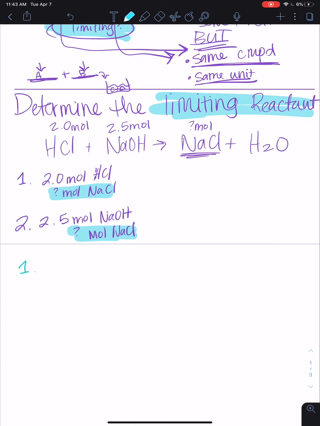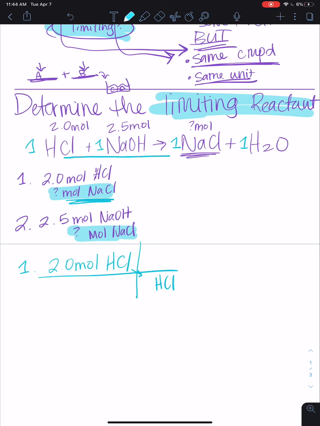So let's do the first step. Number 1, 2.0 moles of HCl. We're in a good spot because this reaction is balanced with just coefficients of 1, so this is a super easy problem. Since I have moles of HCl and I'm looking for moles of NaCl, I want to use my reaction equation to go from HCl to NaCl.